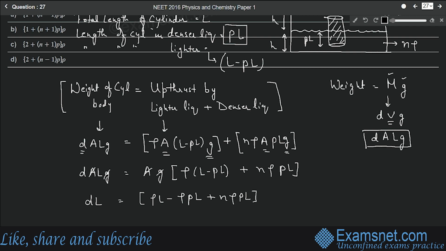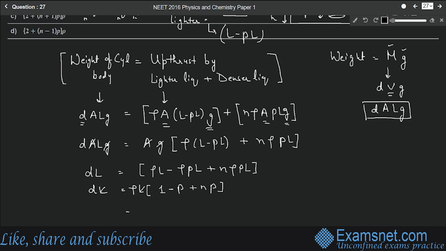Now what can we do? We can take L common, right? So dL, and this side we can take rho and L both common. So rho and L common, and this side we have 1 minus P plus NP. So L cancelled, and what is left this side?